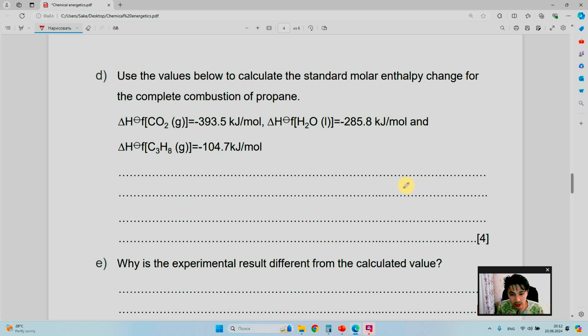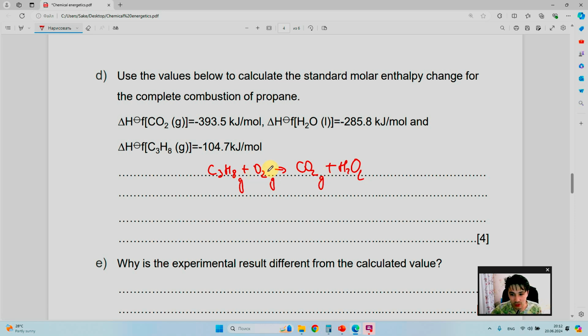So we can apply the method we utilized before. In order to calculate, first we need to construct the equation. So propane gas is burnt completely to give carbon dioxide and water. Water is liquid, and this is gas, gas, and gas.